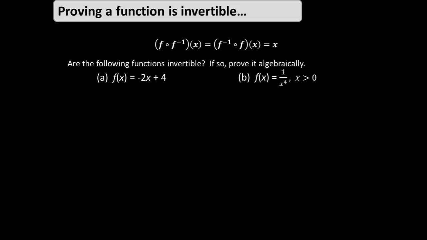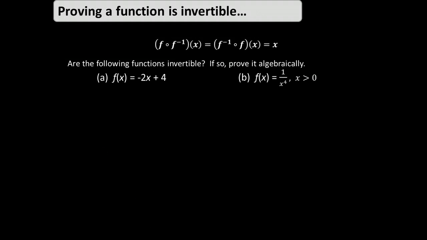Okay, next, a little bit more taxing of a task here. We're going to prove that a function is invertible algebraically. And to do that, that means when we compose the function with its inverse, it's exactly equal to what we would get if we were to compose the inverse of the function, and both of those things have to generate a value of x.